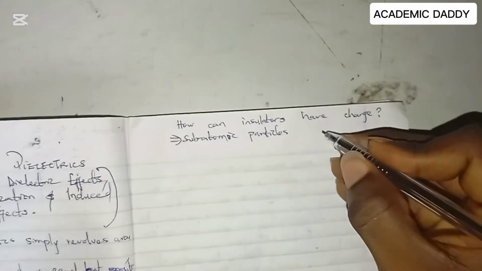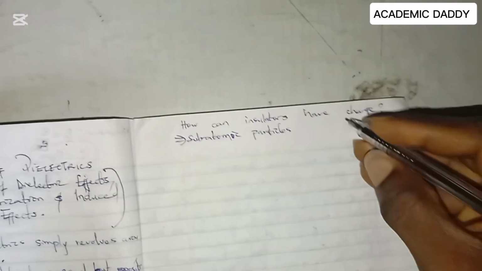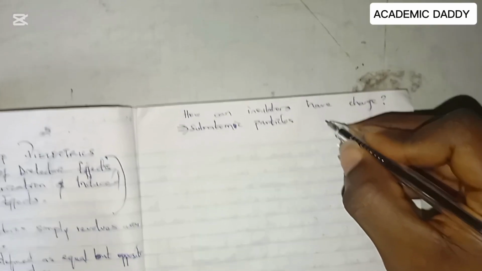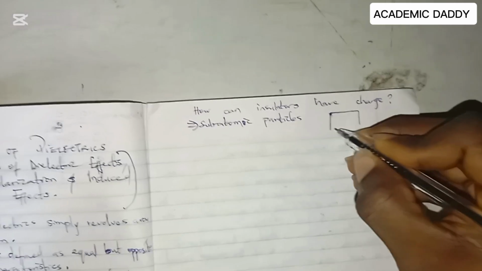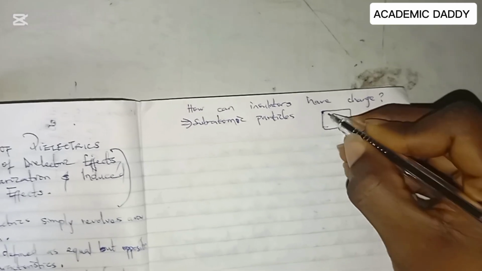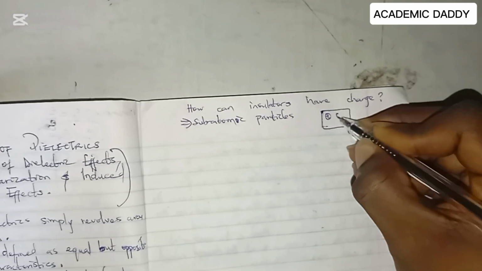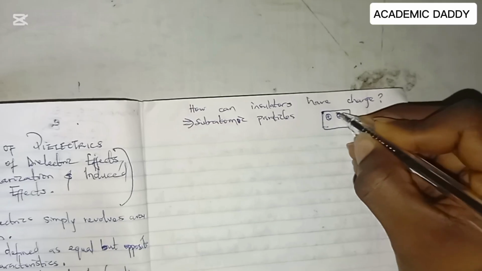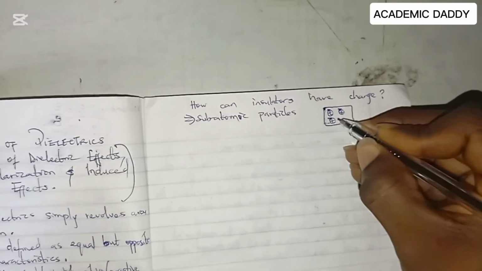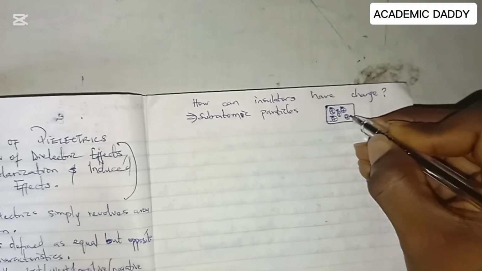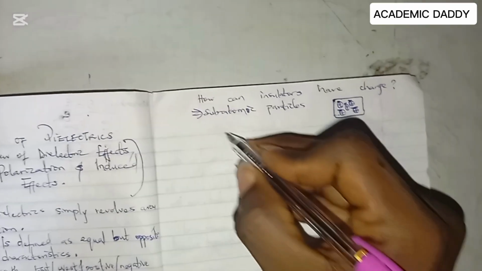So every object on earth, just like those dielectrics, naturally will have positive and negative. That is positive surrounded by negative charges, positive surrounded by negative charges.